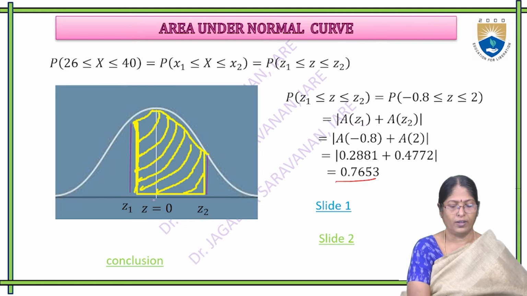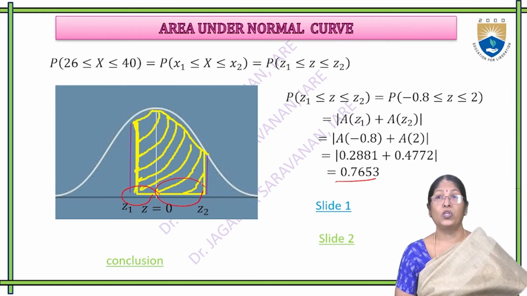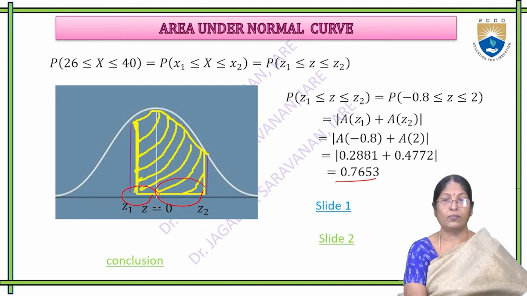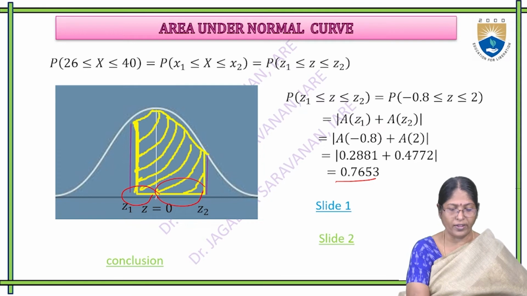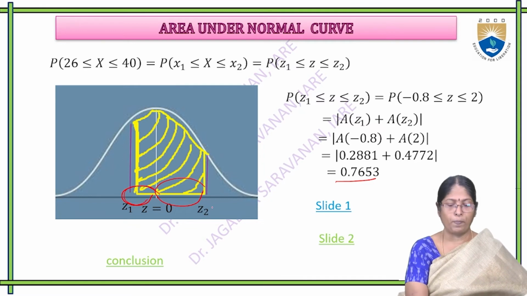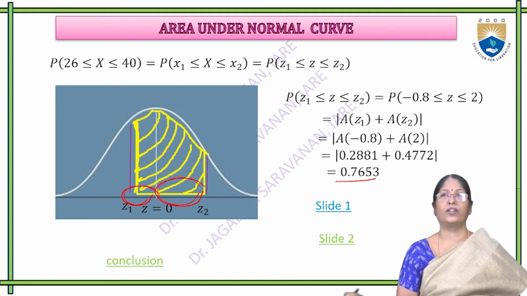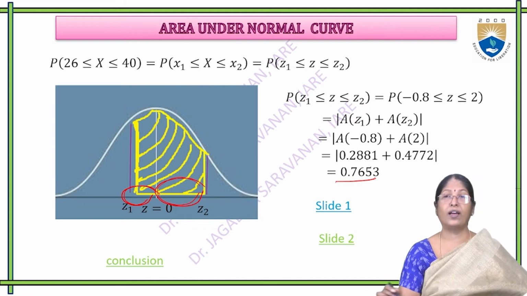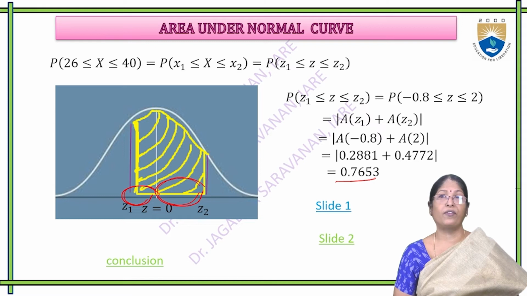0.7653. Calculating this complete area, from the left side of z and the right side of z, that is area of z1 plus area of z2. So the final answer is 0.7653.